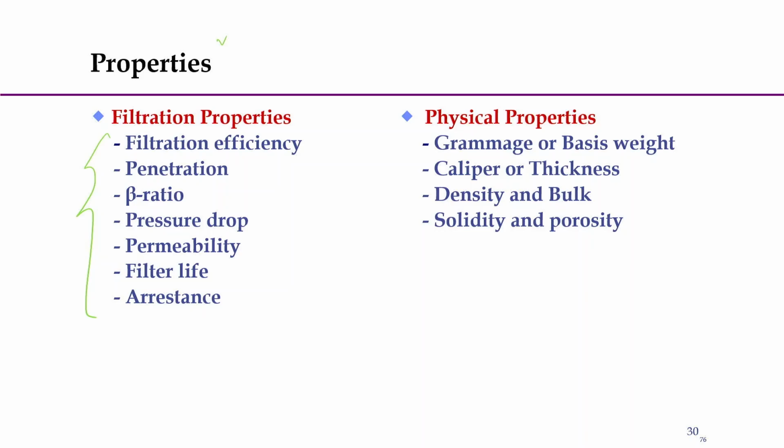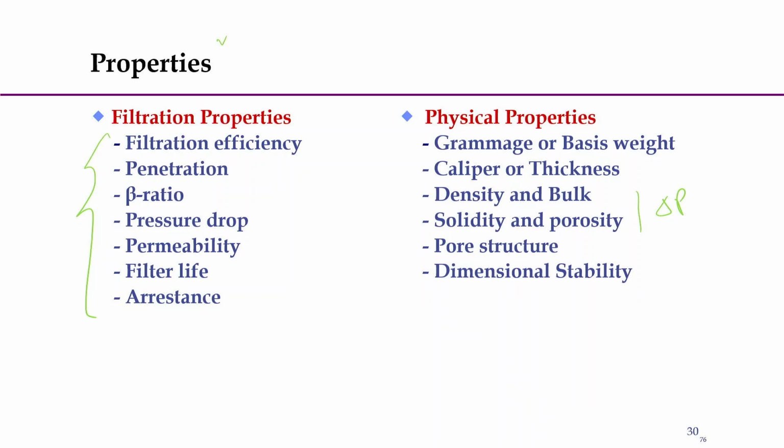It is very important to know the solidity and density, because they are directly related to the air flow rate and pressure drop. That is why we have to measure this. Pore structure is also very important.